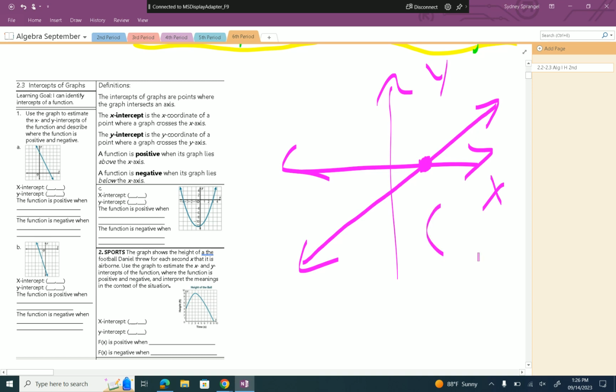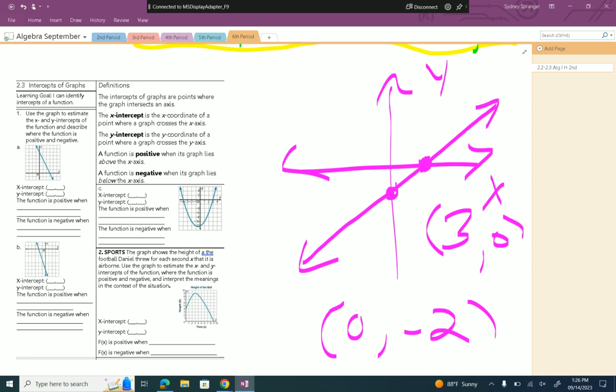So I'm going to have a value for x and 0 for y, right? Because I'm not up or down in terms of y. I'm just sitting at, maybe it's 3, 0. Maybe that's 3 points over. Then my y-intercept, that's going to be where I intercept my y-axis. So here it might be 0, -2, something like that. Everybody okay with that? So we want to look at the graph and see where am I hitting x and where am I hitting y? Where am I hitting those axes?